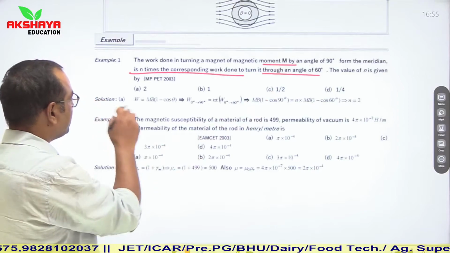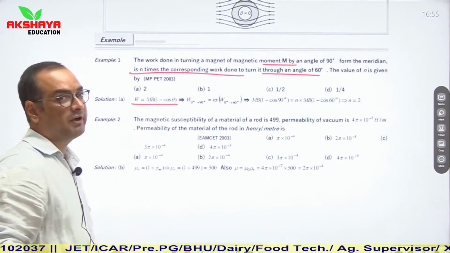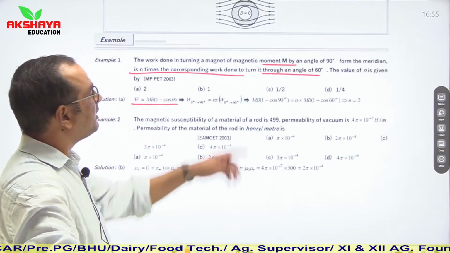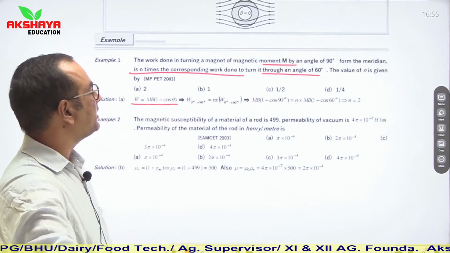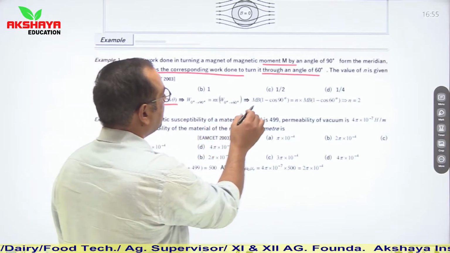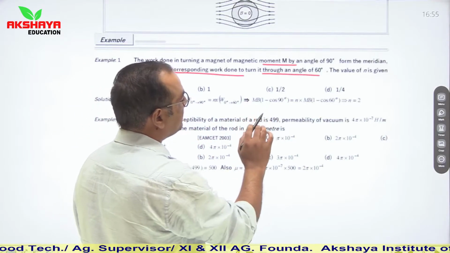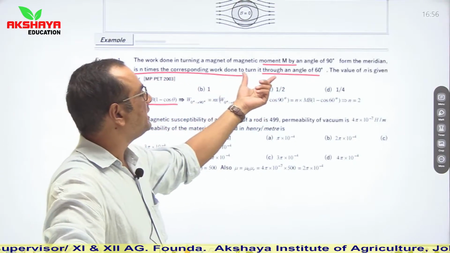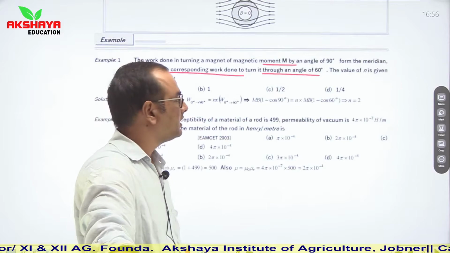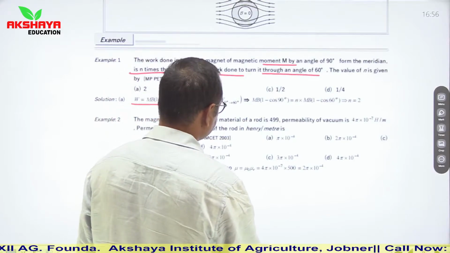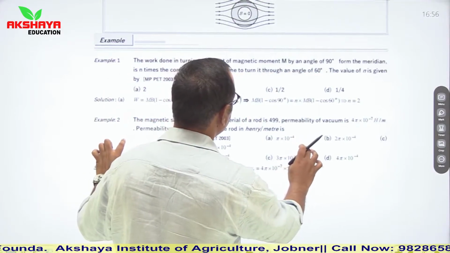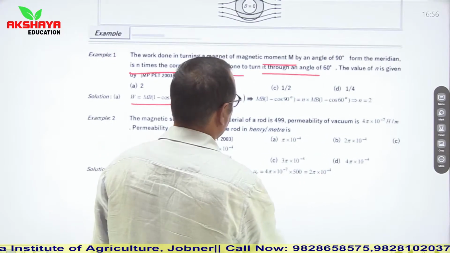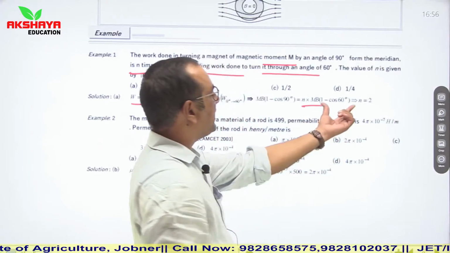We know simply the relation W is equal to mB into 1 minus cos theta. Here the magnet is rotated by an angle from the meridian, meaning 0 degrees to 90 degrees. So our work done is mB into 1 minus cos 90, and it is equal to n times the work done to rotate at an angle of 60 degrees, which is n into mB into 1 minus cos 60.